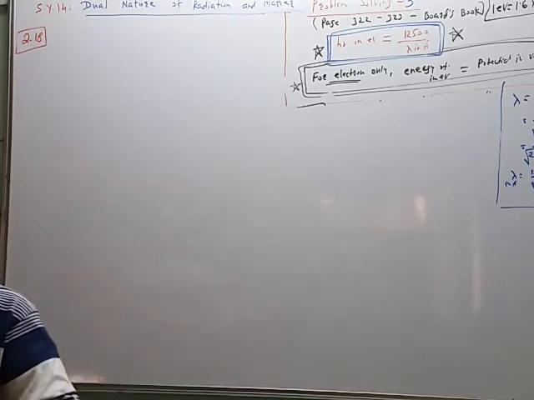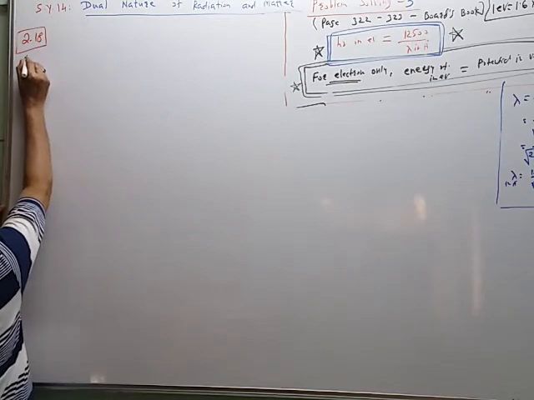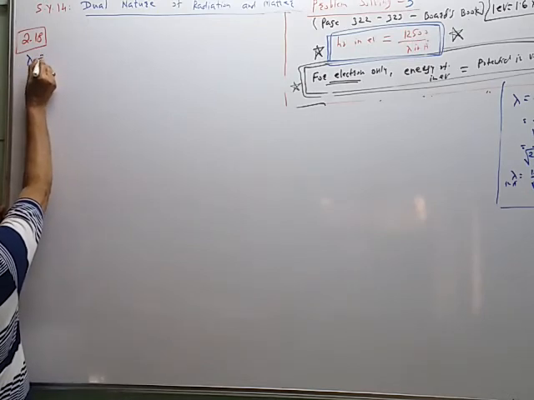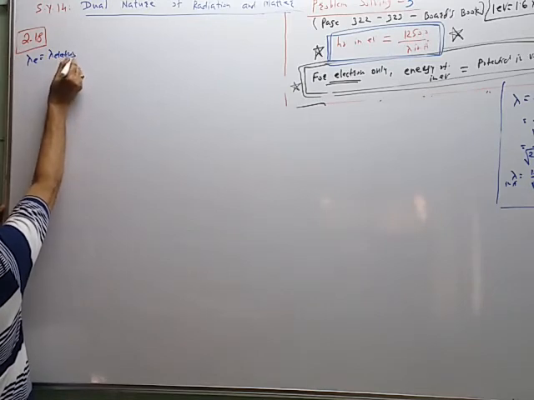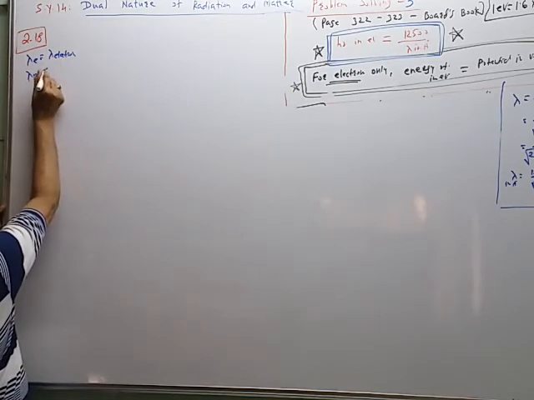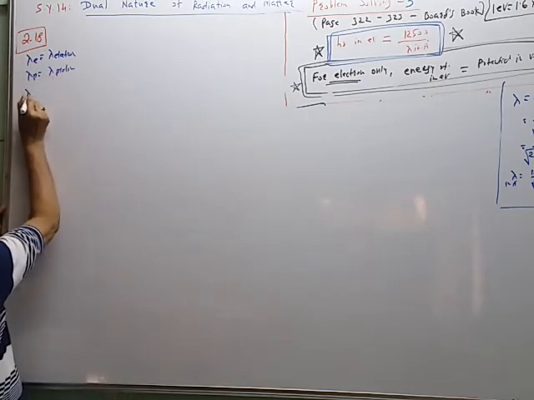So we have to compare lambda E and lambda P. E for electron, P for proton. Lambda E is equal to lambda electron. Lambda P is equal to lambda proton.